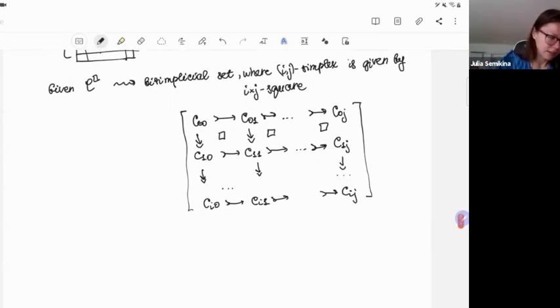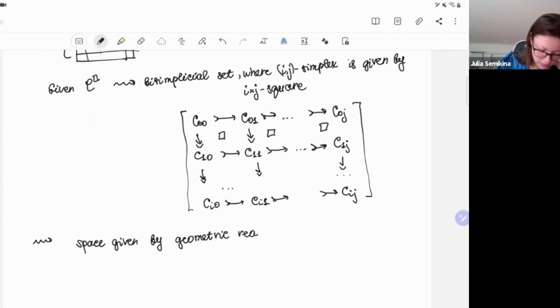And then I define a space given by the geometric realization of this bisimplicial set. And it turns out to be an infinite loop space.